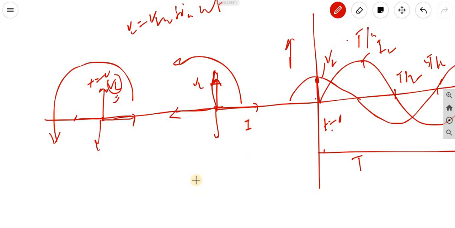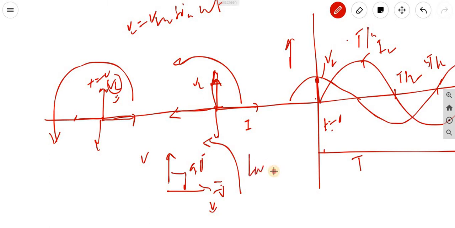So for the current and voltage, for a particular instant, they rotate like this. There is a 90 degree angle between them, and in this way they rotate, so the current is lagging.